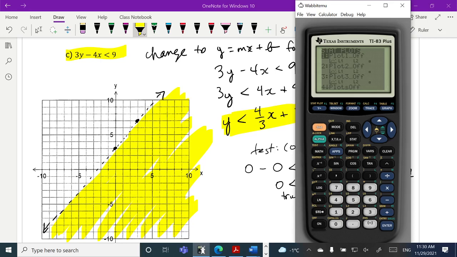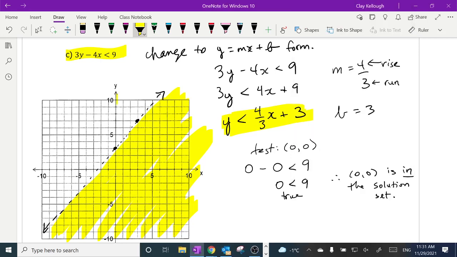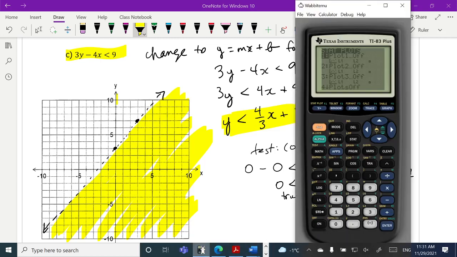Now, let's make sure that we have basically the same grid that we have here. This grid of going up by 10, down by 10, left by 10, right by 10, that's pretty much a standard grid. So go to your calculator, and under Zoom, go to 6 and hit 6, and now you have a standard grid that goes from -10 to +10 in all directions.